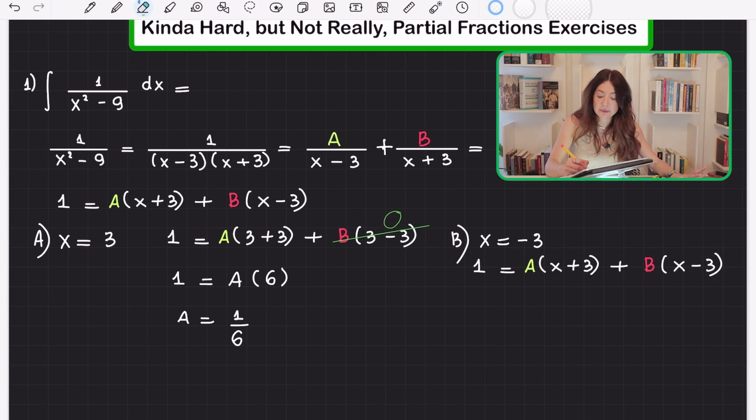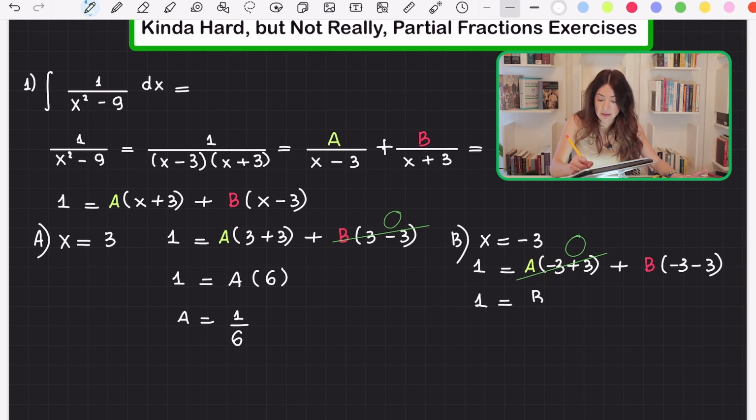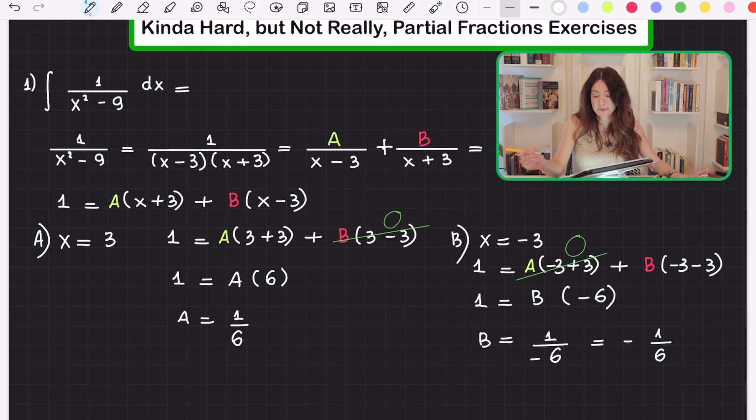Wherever you see x, in this case, put -3 there. See what happens. This goes away, so I can focus on finding b. What I'm left with is b times -6, and then b equals 1 over -6, or just -1 over 6.